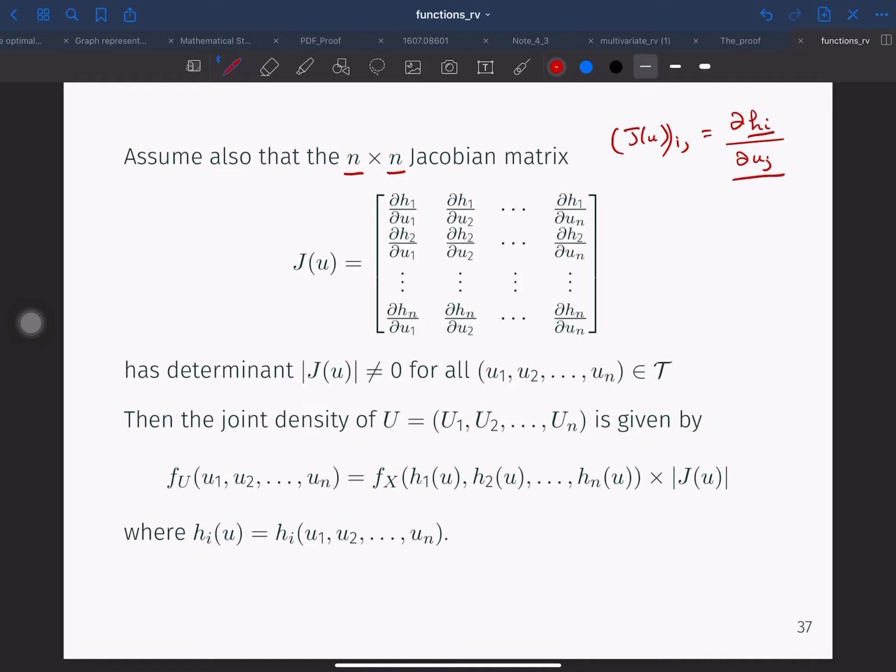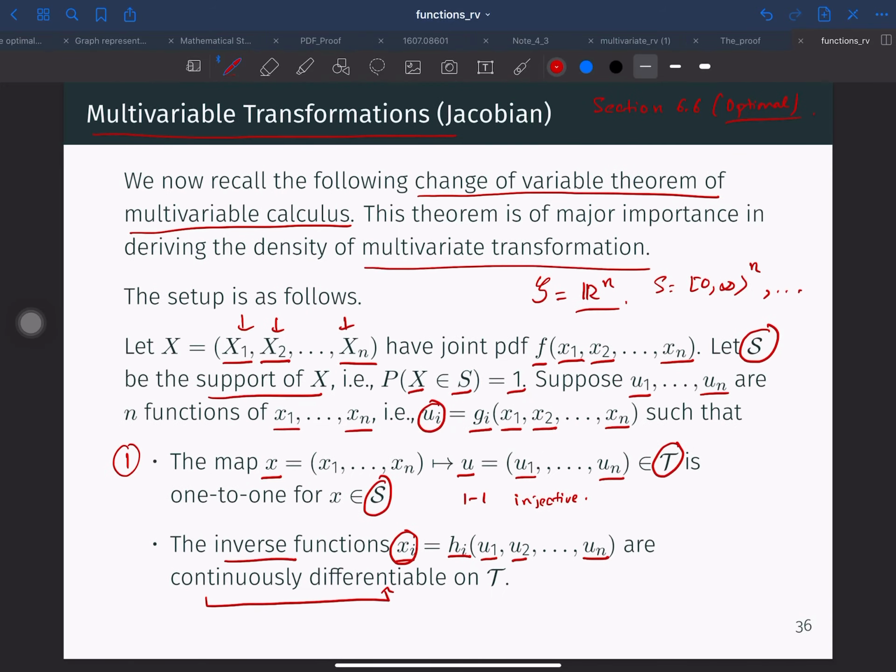And I want the determinant of this Jacobian matrix to be non-zero for all values u1, u2 to un belonging to the set T, which, as we said earlier, is the domain of the mapping from X to U.